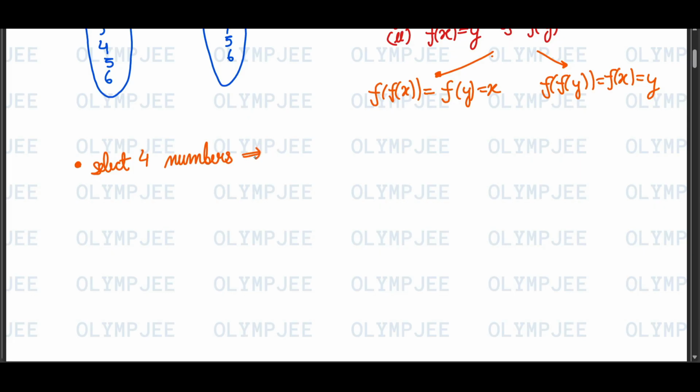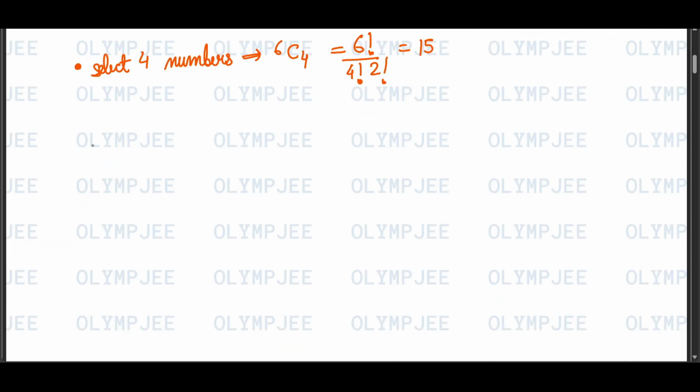So number of ways of doing that is 6C4, right, which is 6 factorial by 4 factorial by 2 factorial. So this will be equal to 15. Assume that the 4 numbers are 1, 2, 3, 4.